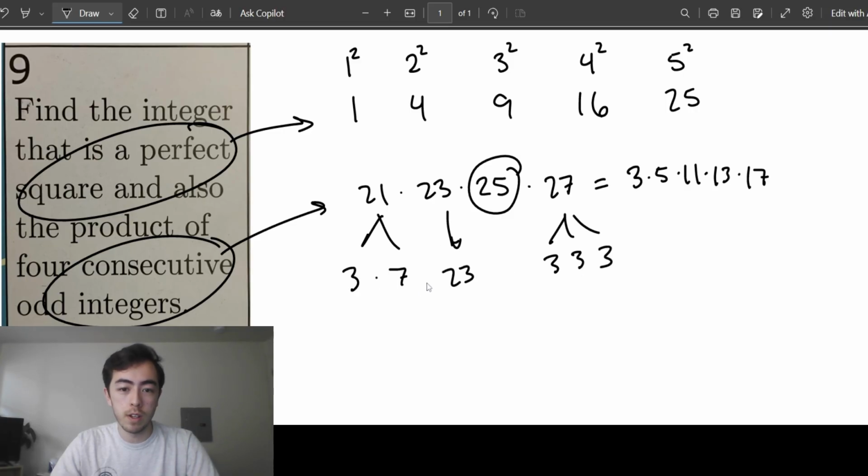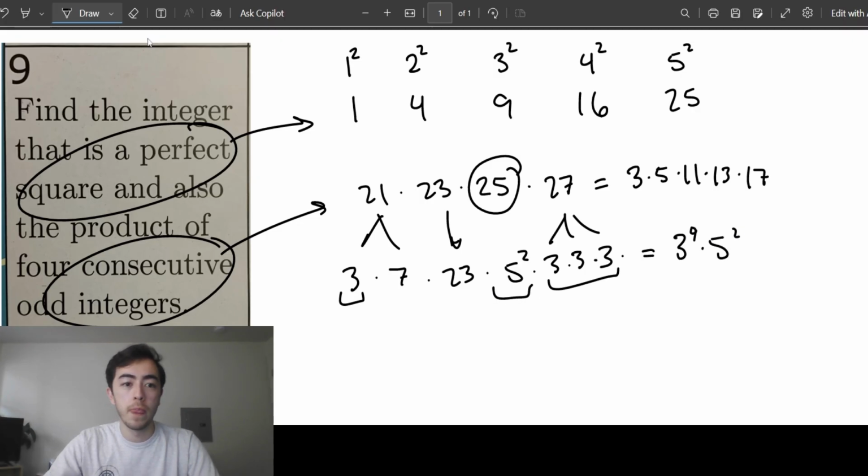So now we have 3 times 7 times 23 times 5 squared times a bunch of 3s. We almost fixed the issue, actually. We have 3 to the power of 4. We have 5 squared. But now we only have one 7 and one 23.